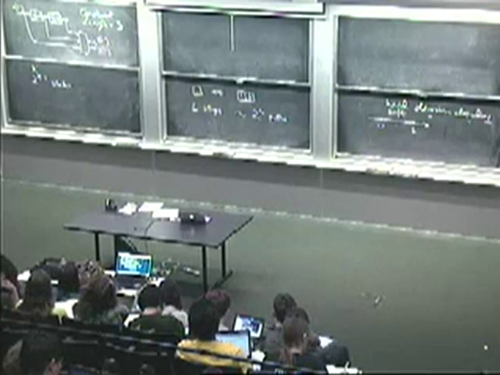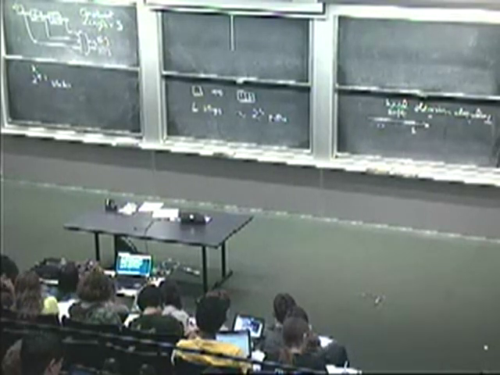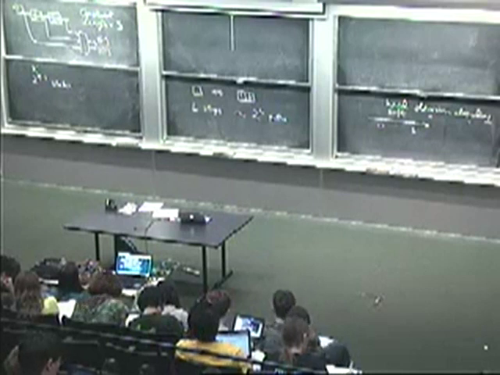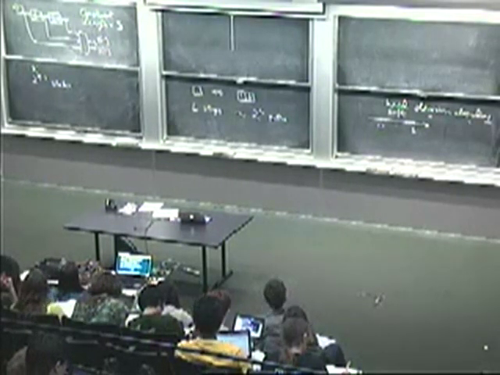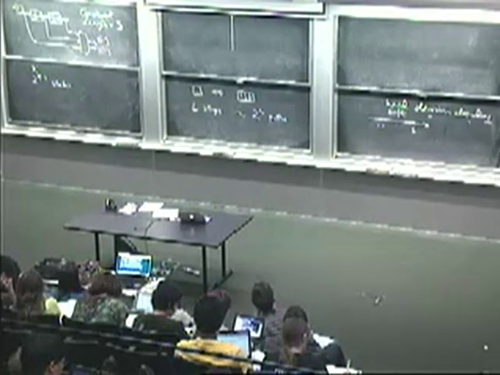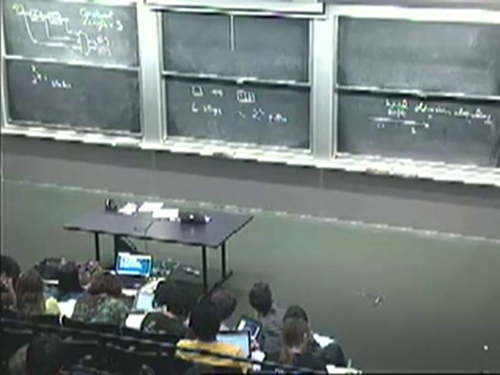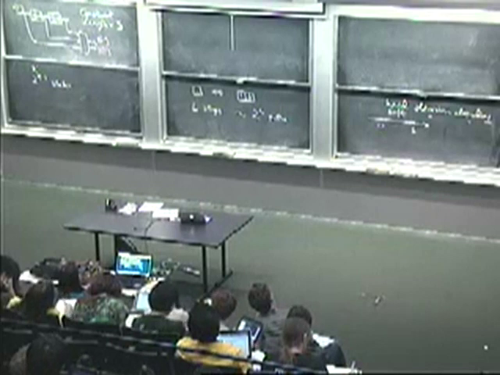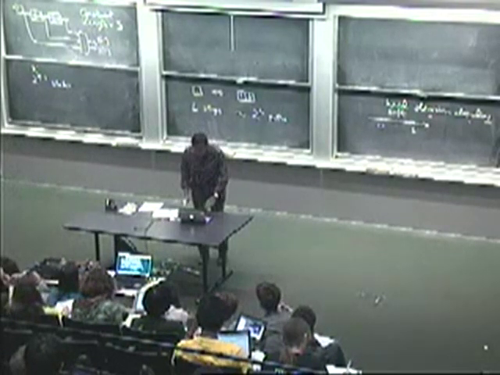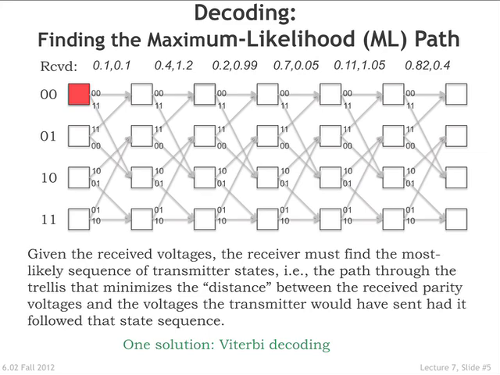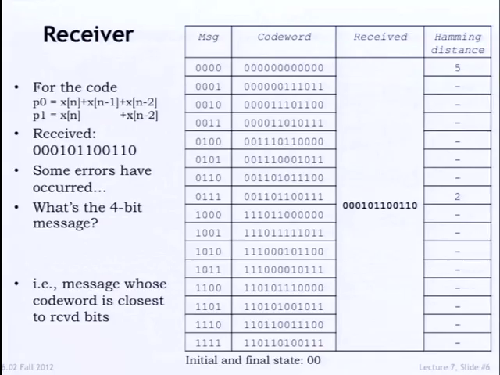And then look for a path through the trellis along which the emitted parity bits come closest to what I've approximated that sequence of samples by. All right? So we're talking about Hamming distance again. All right? And minimum Hamming distance is going to give us the most likely path, given that you've already committed to interpreting the received samples as zeros or ones.